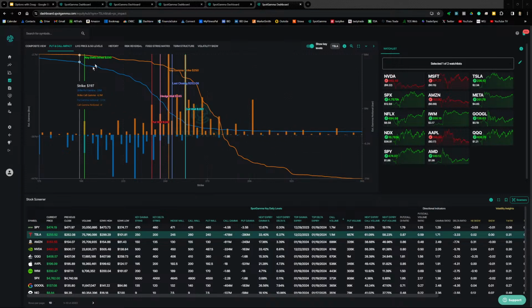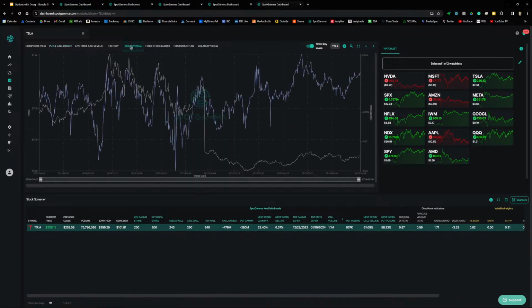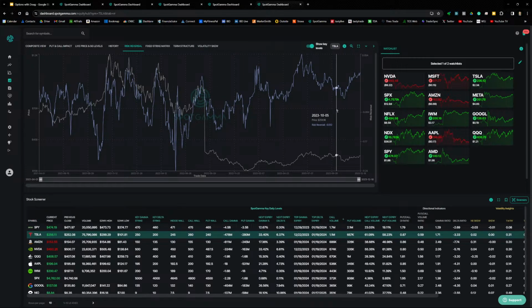And let's take a look at this risk reversal. There are two lines on this chart.